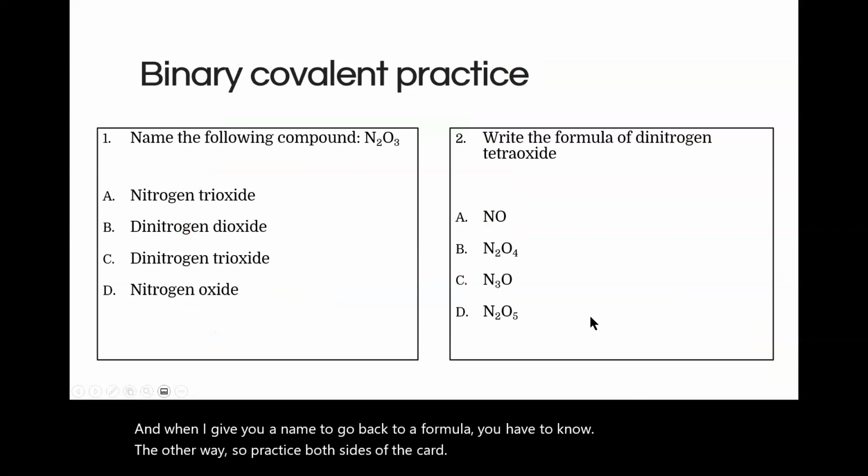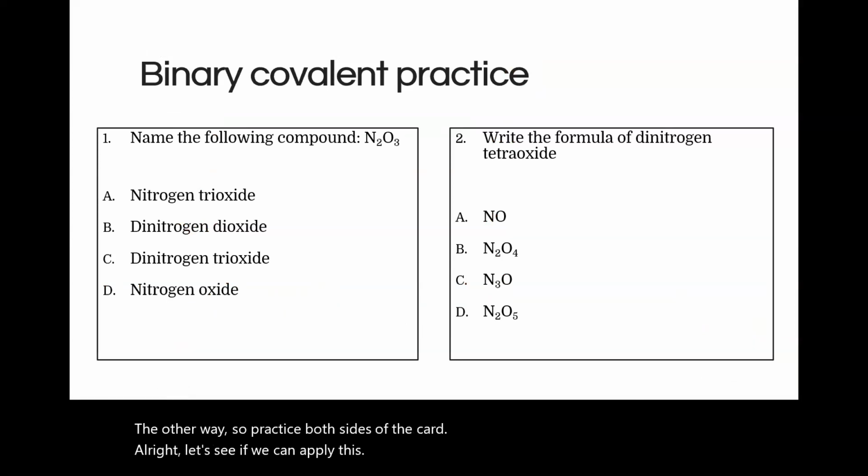All right, let's see if we can apply this. Everybody take a second and come up with an answer to which it's multiple choice. So A, B, C, D for number 1. I'm seeing a few C's in the chat.